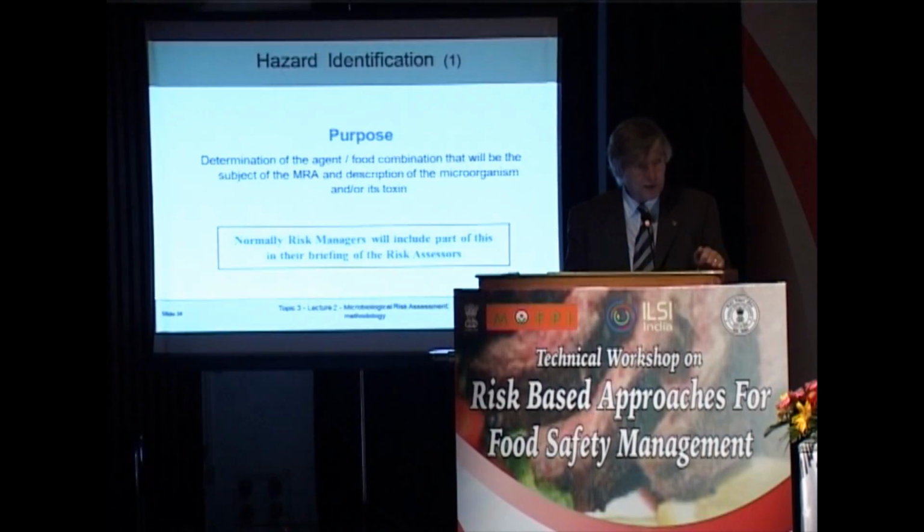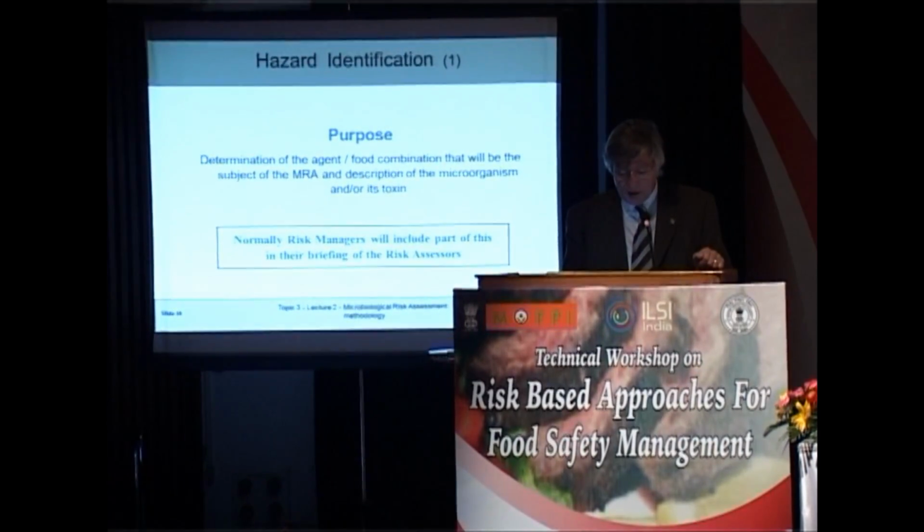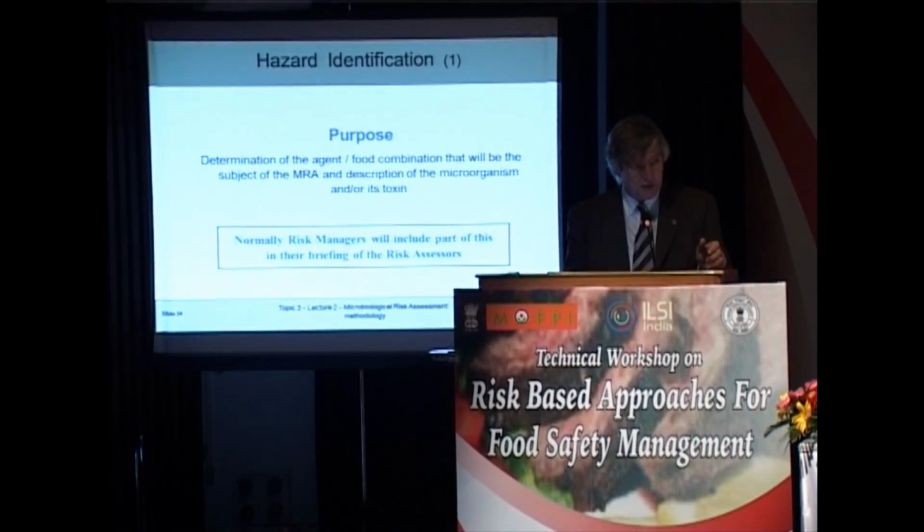As was mentioned, it's not always easy to identify the hazard. You need to invest in resources and skills to do that. Hazard identification may be started by risk managers in their preliminary activities, but the first thing a risk assessor should do is confirm that the hazard proposed by the risk manager is the pertinent hazard to investigate.